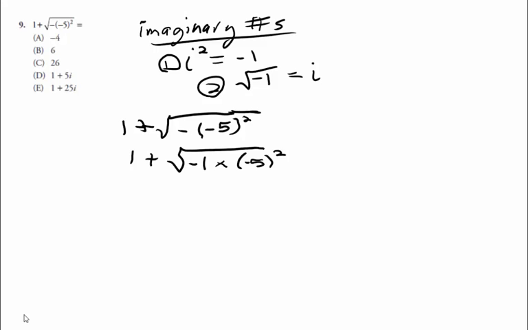So it's -1 again times 25. A negative number squared is a positive number. So in this case, -1 times 25 is the square root of -25.